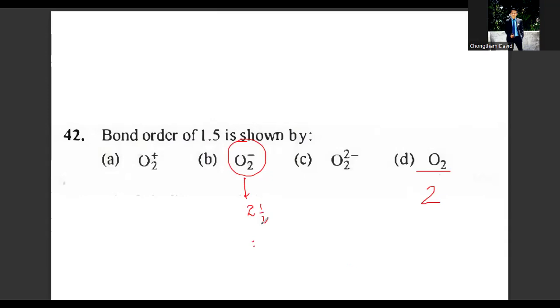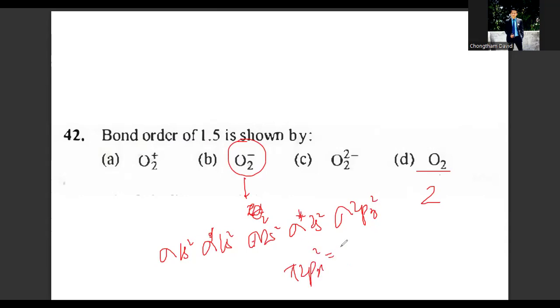So in the case of O2 minus, it would be sigma 1s2, sigma star 1s2, sigma 2s2, sigma star 2s2, sigma 2pz2, pi 2px2, pi 2py2, and pi star 2px2, pi star 2py1.